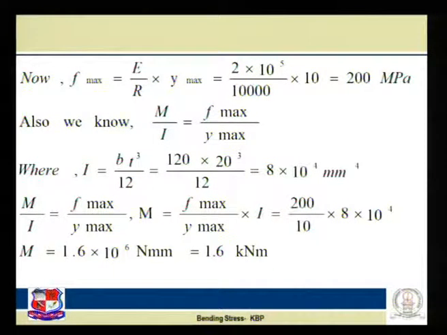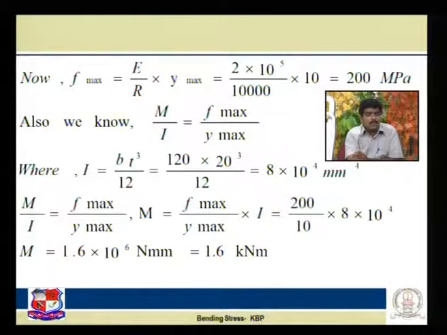Now, what is the value of I? For a rectangular section, I is nothing but b t cube by 12. B is given as 120, thickness is given as 20, and using our calculator we can easily find the value of I as 8 into 10 raised to 4 millimeter raised to 4.